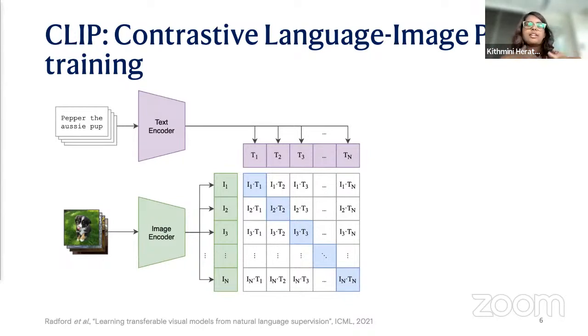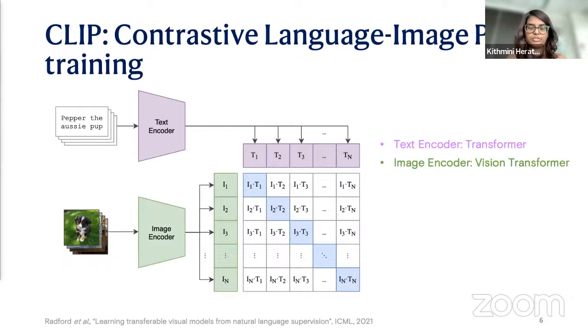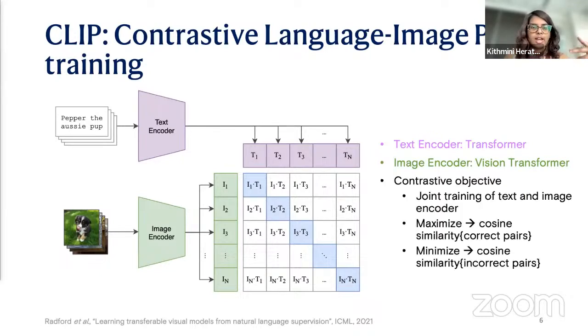So that is basically the contrastive learning concept used here. For the text encoder, they use a transformer, and for the image encoder, they use a vision transformer. This is basically what they do to obtain a joint embedding space between text and images.